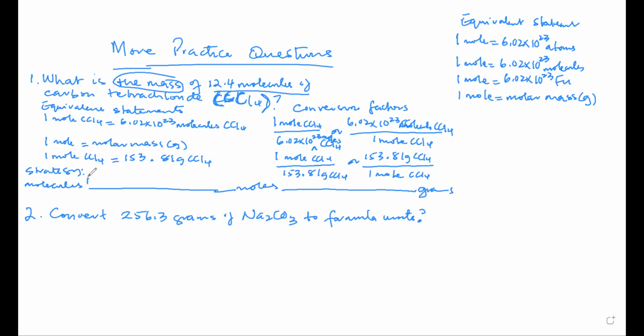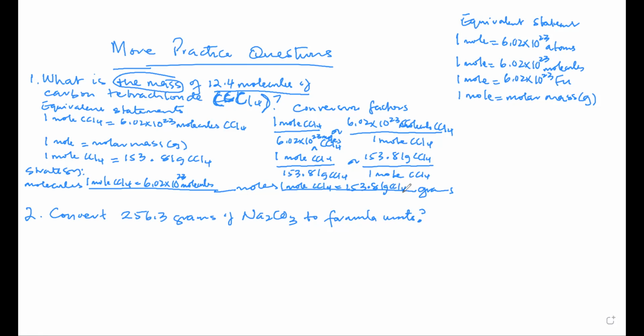So this will be 1 mole of carbon tetrachloride equals 6.02 times 10 to 23 molecules. And this will be 1 mole of carbon tetrachloride equal to 153.81 grams of carbon tetrachloride.